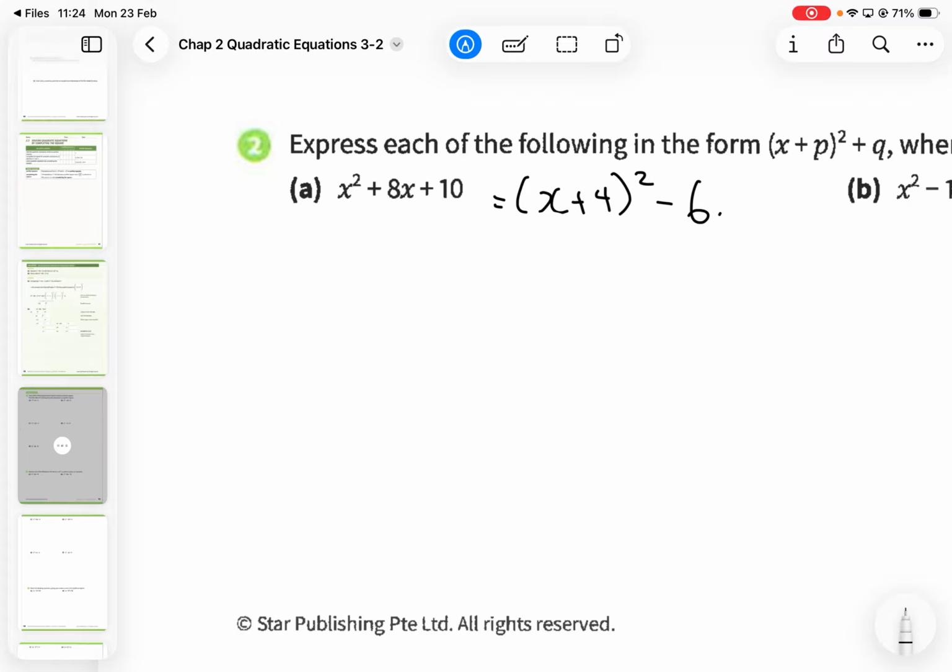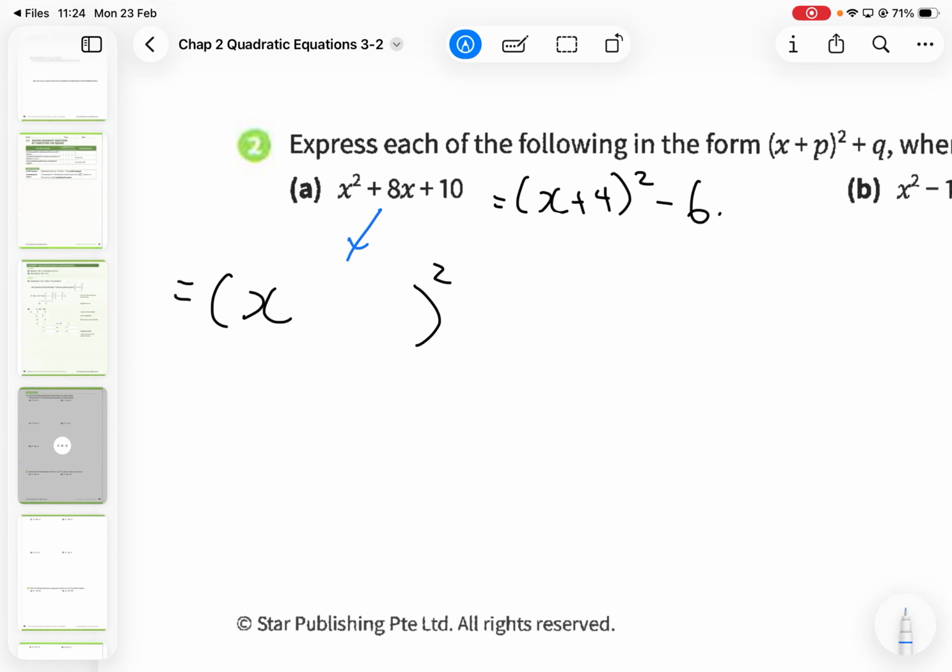I just straight away write my equal sign. I write this bracket, I put the square, I put my x here. This number here is always this number divided by 2. So when this one is 8, I don't need to go through what I did just now.